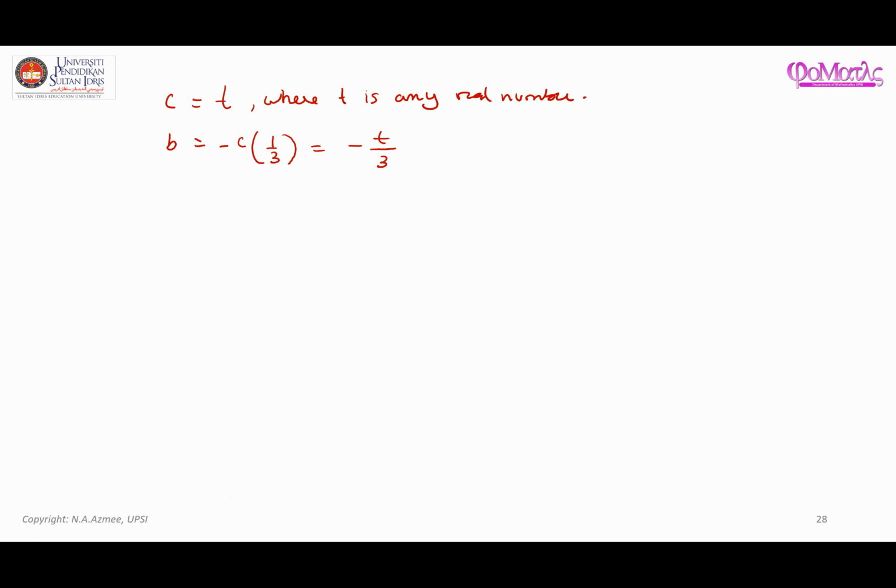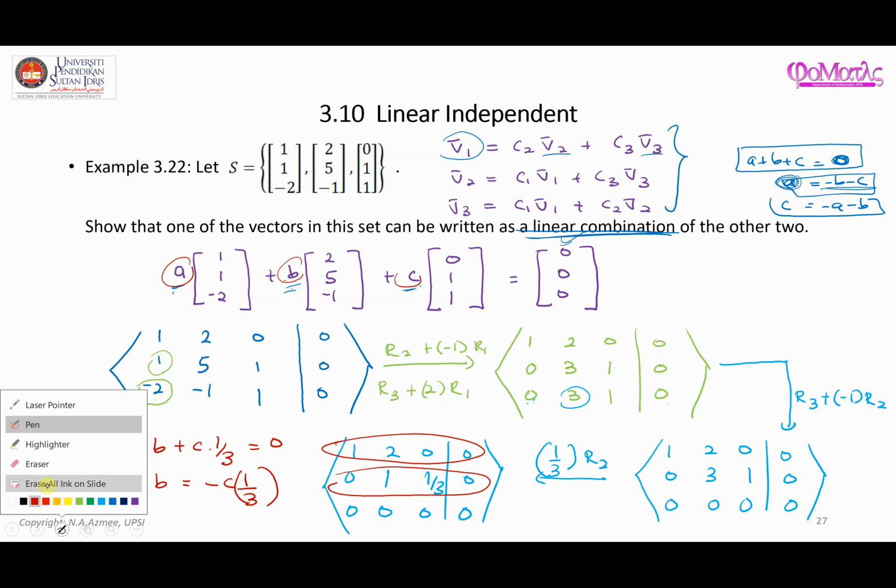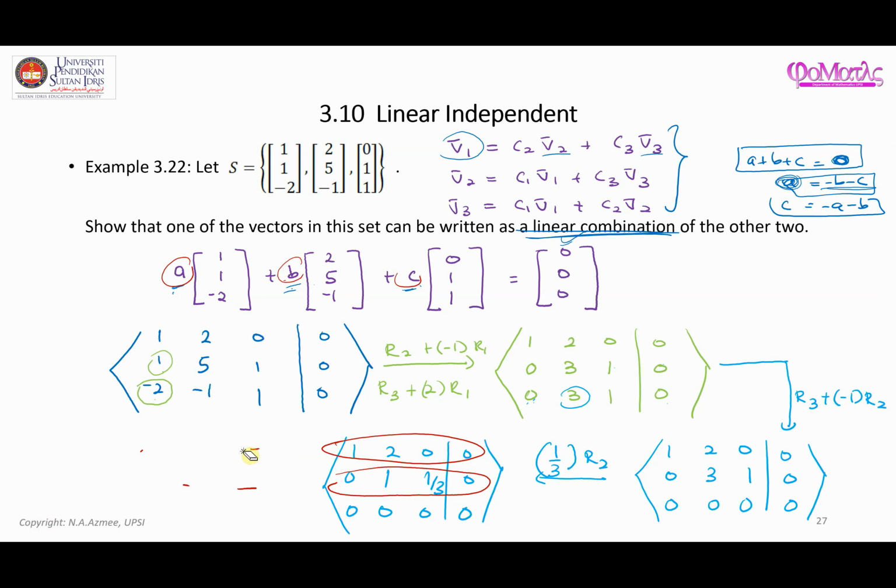Okay, next is this part here. Let me just erase this part. For this one, it basically says that we have A times 1 plus 2 times B plus 0 times C is equal to 0.